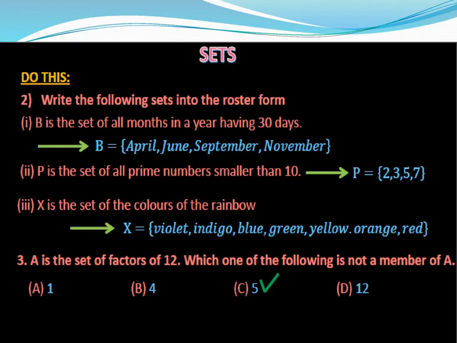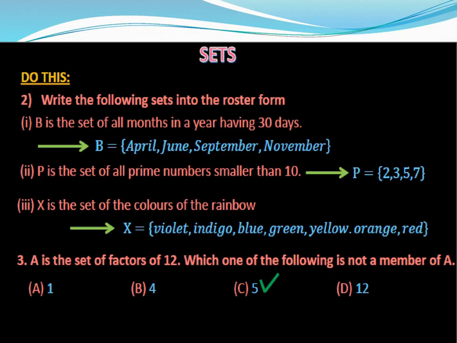Now we will solve the third Do This. A is the set of factors of 12. Which one of the following is not a member of A? A is one set. The set contains only factors of 12. So which of the following is not a member of A? Below, 4 options are there: A, B, C, D, and also 1 for A, 4 for B, 5 for C, 12 for D. So which is not a member of A?